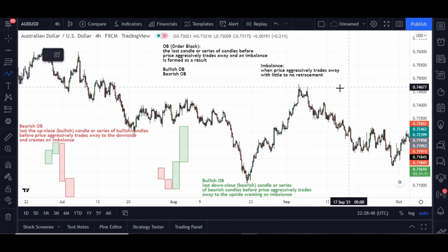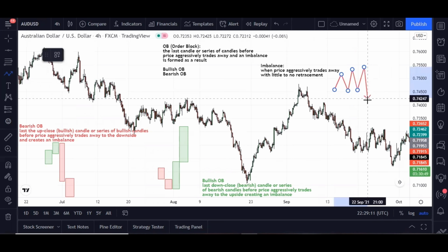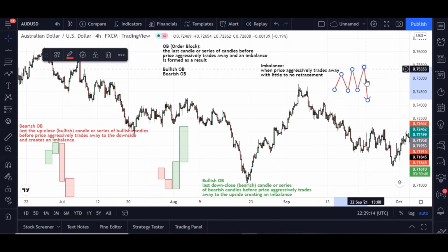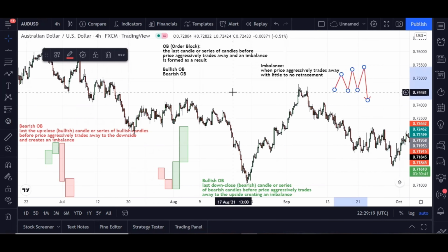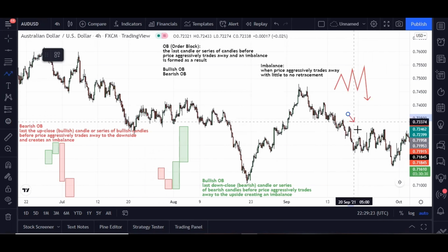So when the market is trading like this, each of these moves are imbalances, because there's no retracement. Until the market comes back to correct itself and rebalance, there will be an imbalance formed. So right now we have an imbalance here, because there is no retracement. It looks the exact same way in a bullish scenario.